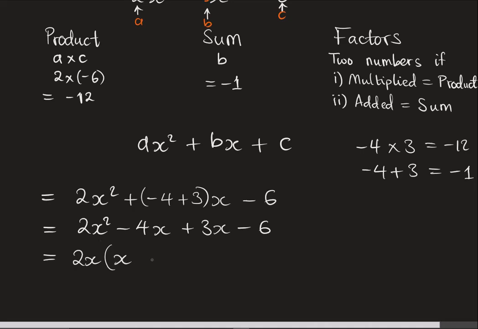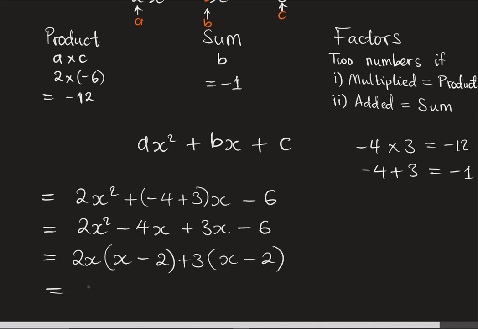I'll be left with x here, I'll be left with negative 2. Then I go to the other group. From these two terms here, 3x and negative 6, you can see we've got a common 3. So I'll factor out a 3 and be left with x minus 2. Always when you do it right, what's in the brackets here is supposed to be the same.